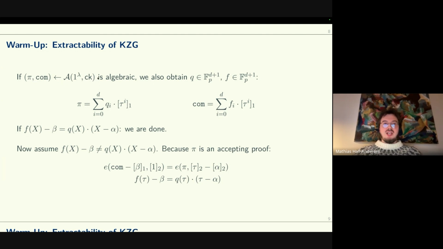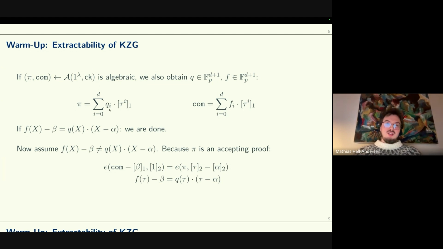Since we assume that he's algebraic, right, this is a group element in G1 and this is a group element in G1. And since he's algebraic, he must also output some set of scalars. We call them Q and F for reasons that will become obvious.